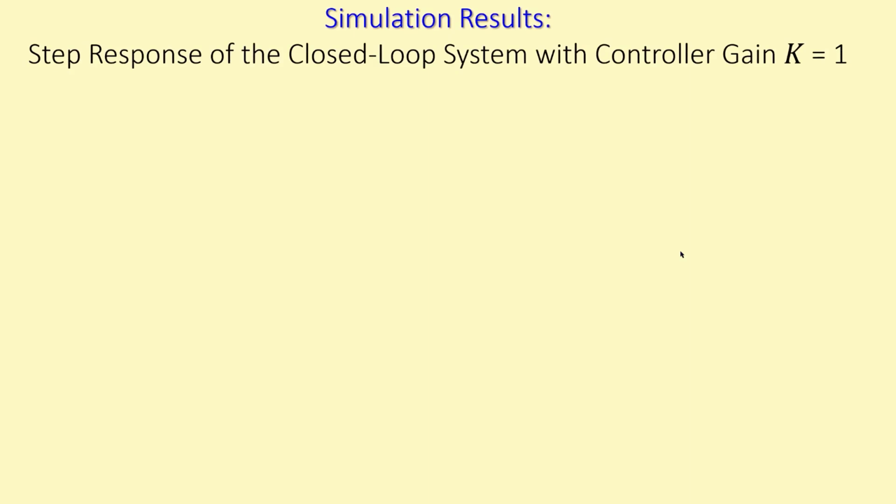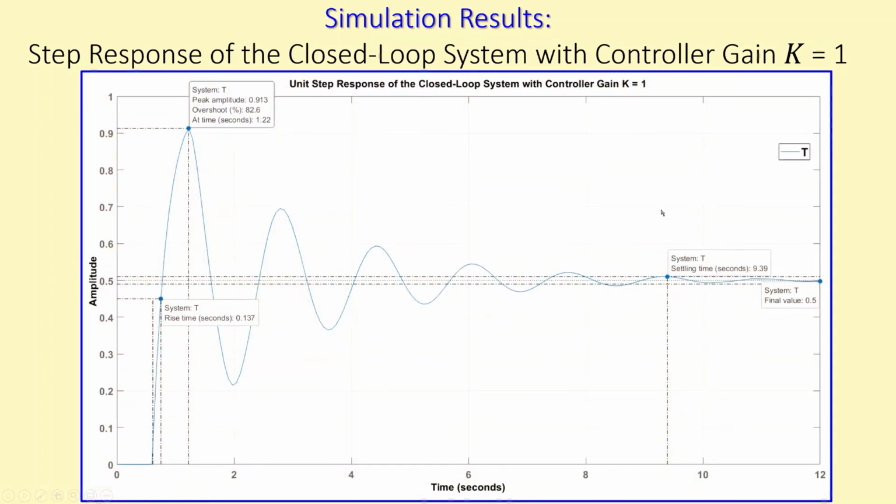Let's look at the step response also. We have the step response for this circuit. Let's look at the situation where we have the controller gain of 1. What you see is the following. We see a huge overshoot. The rise time is 0.137 seconds, but the overshoot is almost 83%, which is a lot.